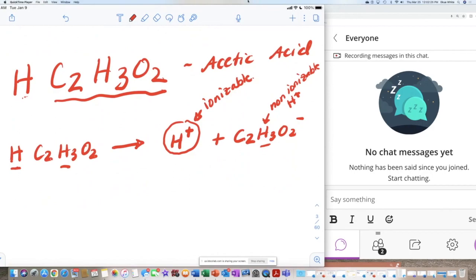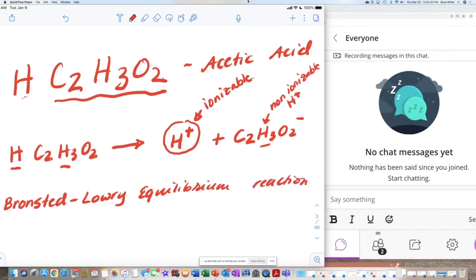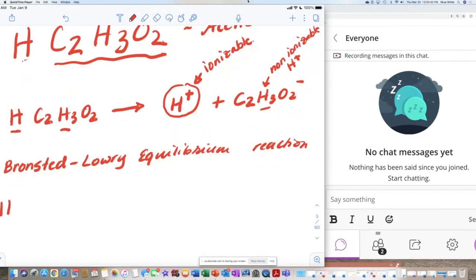When we start writing our Bronsted-Lowry equilibrium reactions, please note I will take the weak acid, HC2H3O2, and add it to water, like you saw before, because there's a format, a trend, the way it happens all the time.